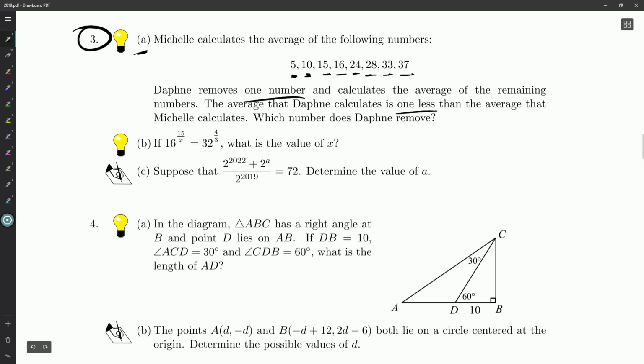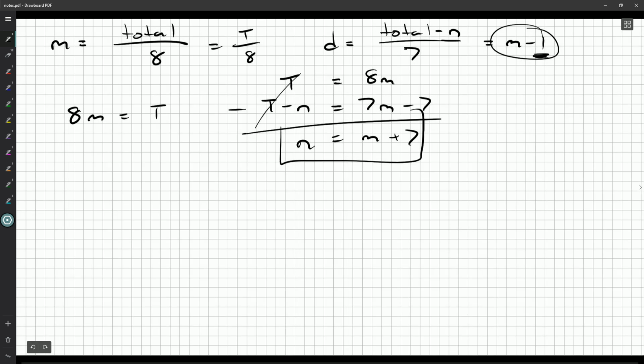So the total: 5, 10, 15, that's a total of 30 right there. 16 and 24 is 40. We could grab a calculator, but I don't think we need to. 30, 40, and 70 is 140, and then I'd never touched this 28 here. So we get 168 originally, the total being 168.